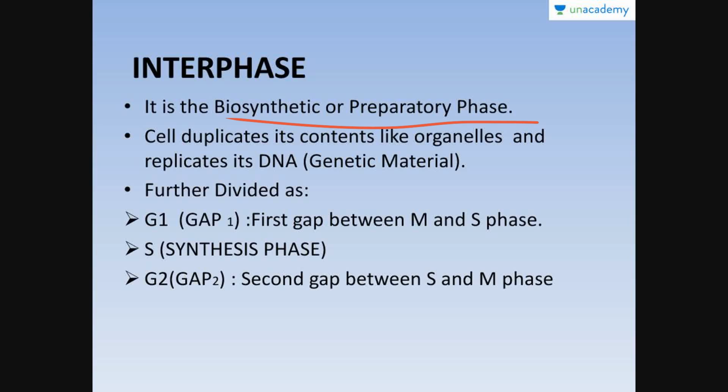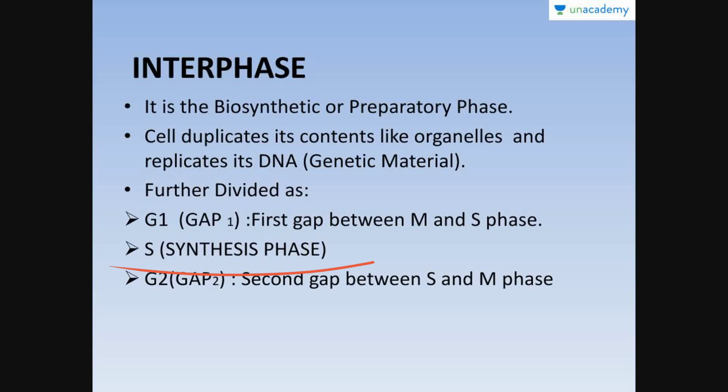Now interphase, as you already know, involves the replication of the genetic material and synthesis of cell organelles and biomolecules. Now this phase has been divided further into G1 phase or the gap 1 phase, S phase or the synthesis phase, and gap 2 phase or the G2 phase. Why do we call it as G1 phase or gap 1 phase? Because it forms the first gap between the M phase, which is the multiplication phase, and the S phase, which is the synthesis phase.